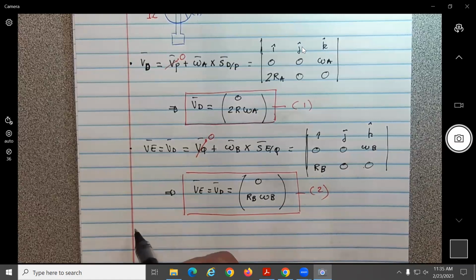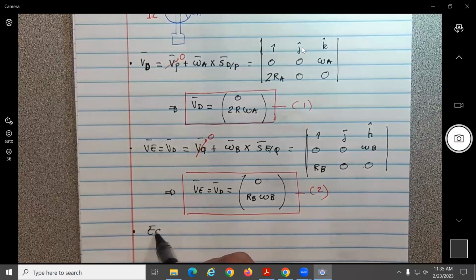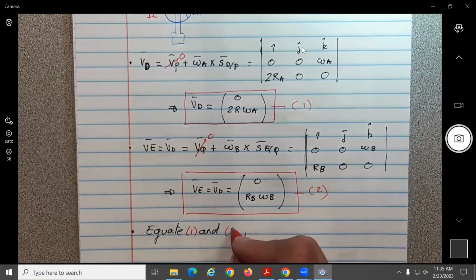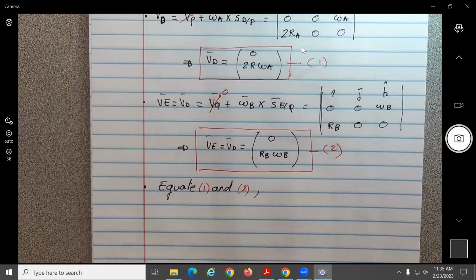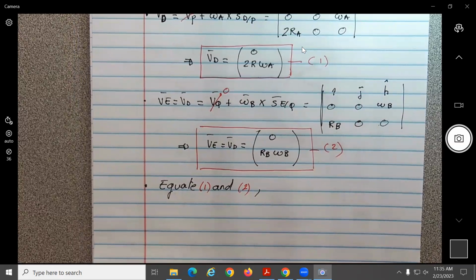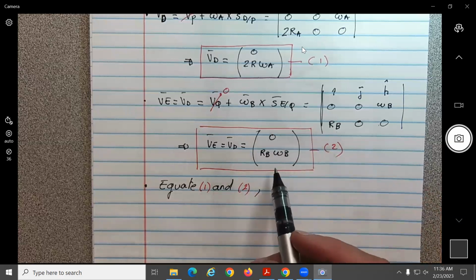What do we do next? Okay, so you see, you only need to equate the y component, no?